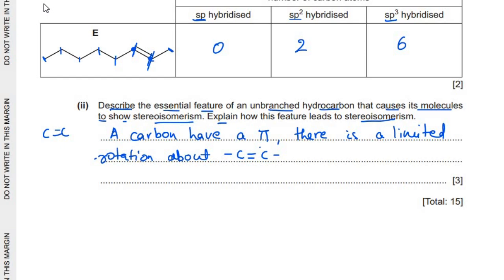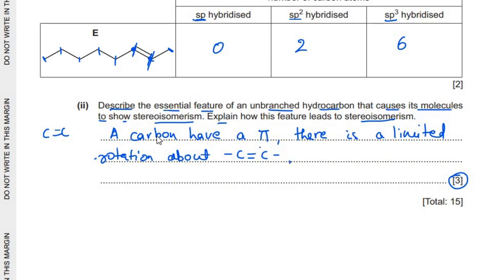And how is that geometric isomerism seen? Understand, this is a 3-mark question, so you need to describe how this limited rotation causes stereoisomerism. So first thing is that we need a C double bond C, that is carbons carrying the pi bond. And the second condition required here is that the carbon should have 2 different groups on it. Why? Because if you rotate or flip the atoms or groups around this carbon, then it should be different, then only it will show stereoisomerism.